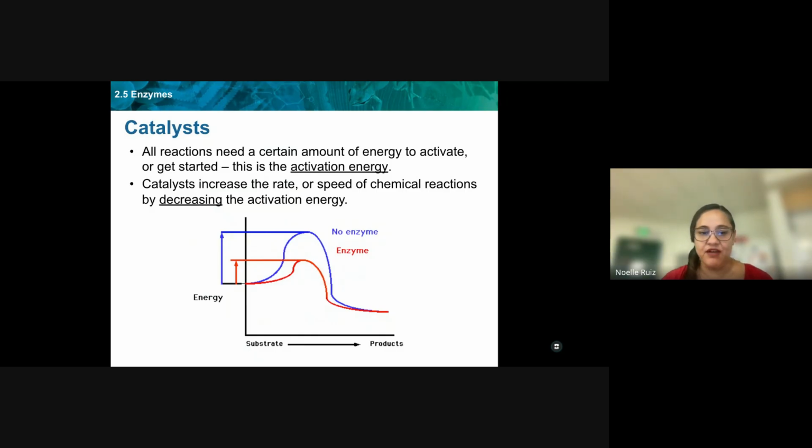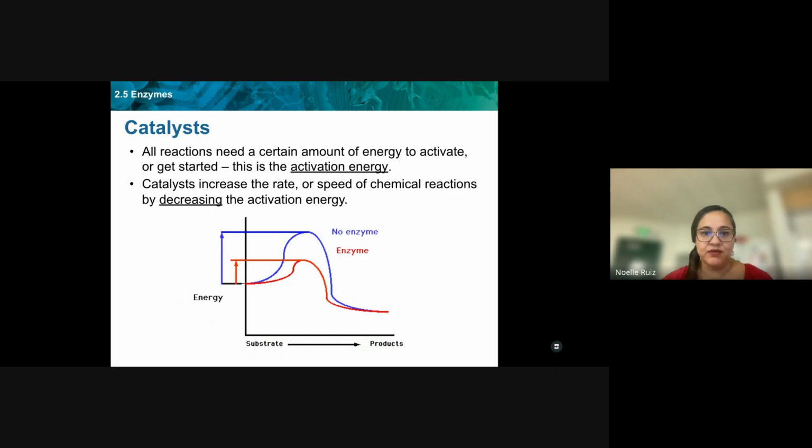And this is a typical graph, where you have the amount of energy on the left, and you have substrate to products that represents some sort of chemical reaction. Something is turning into something else. And with no enzyme, you need a lot of energy to get that chemical reaction going.